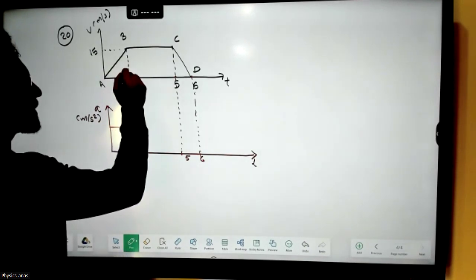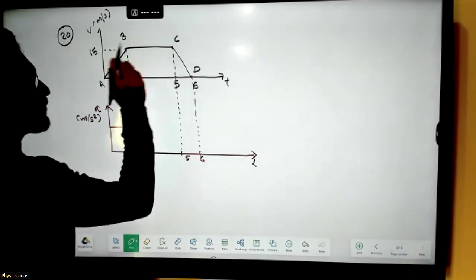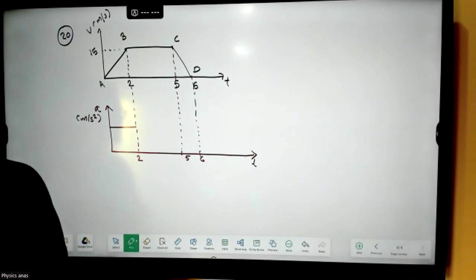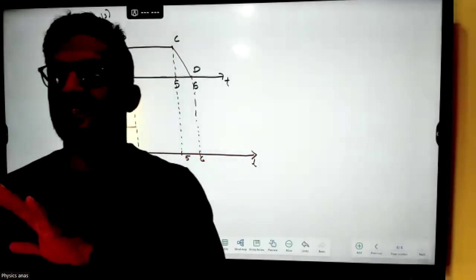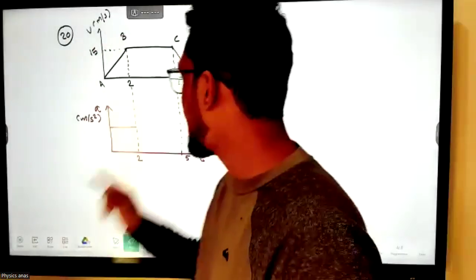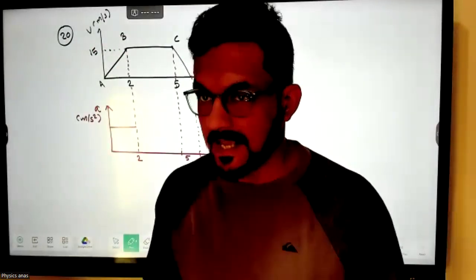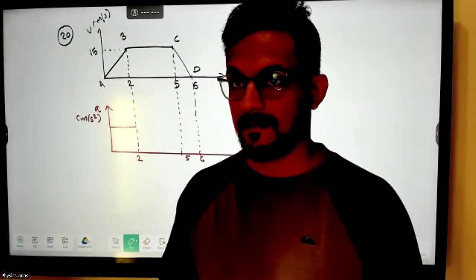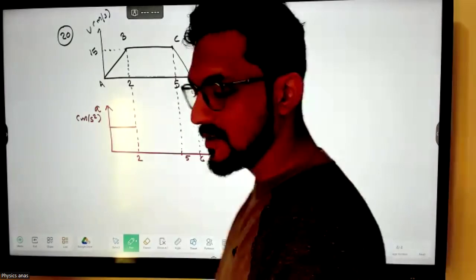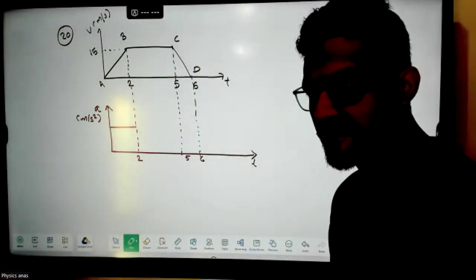When the particle is from 2 to 5, what happens to the velocity? Velocity is not changing. Velocity is a constant. If velocity is a constant, what is the value of acceleration?